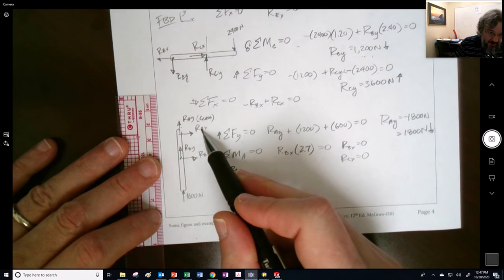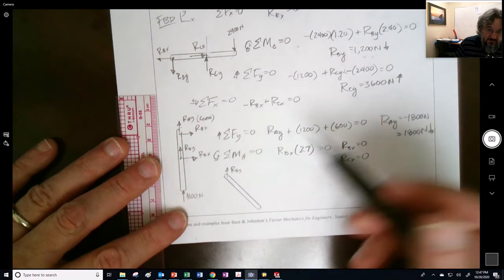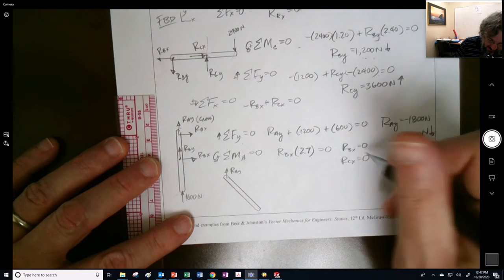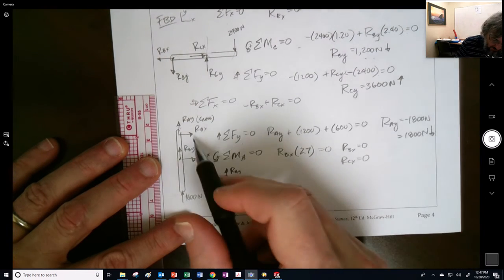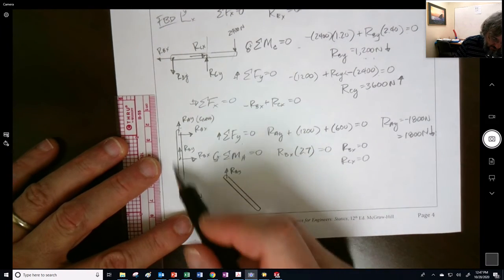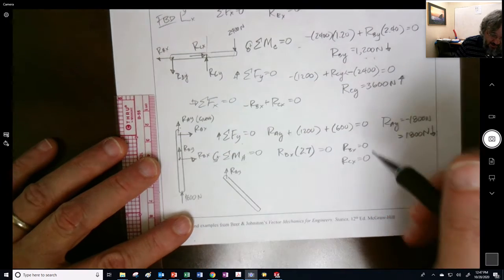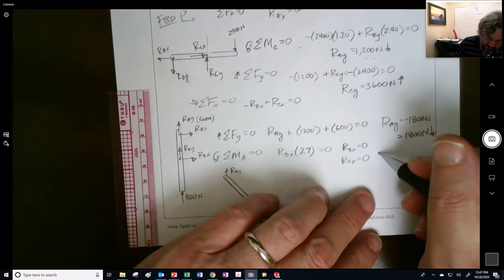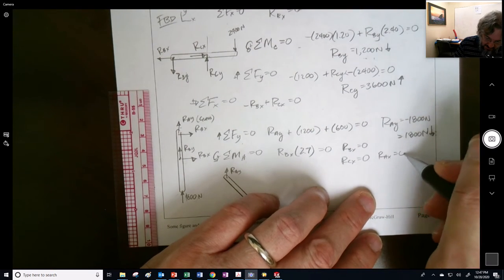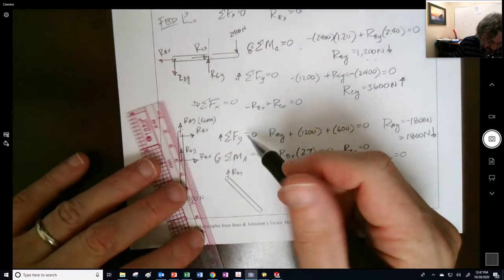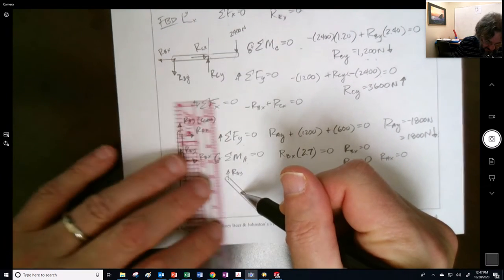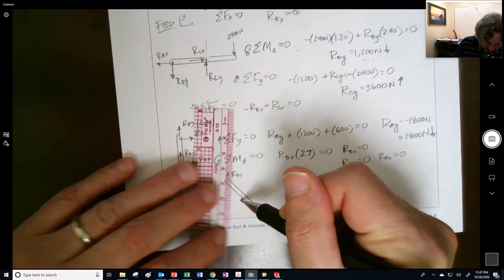We know the RAX is equal to 0. With the sum of the forces in the x direction, we could figure out that the RAX has to be equal to 0 as well. So RAX is equal to 0. And RBX is going to be downwards on this.